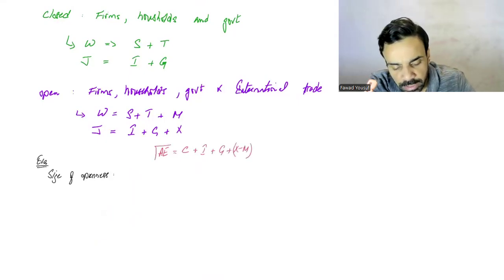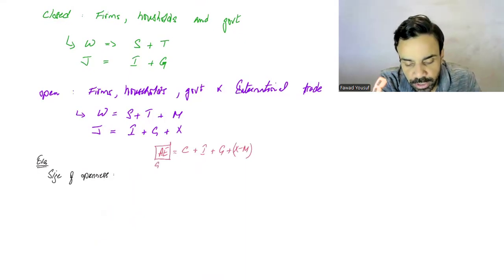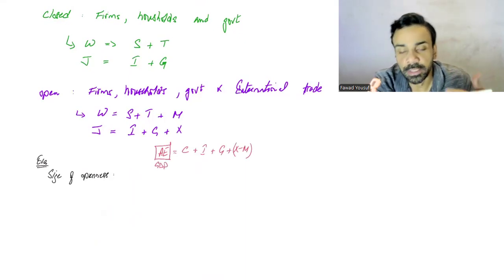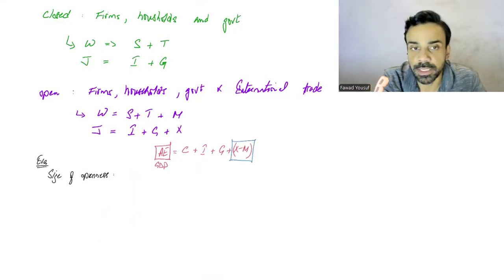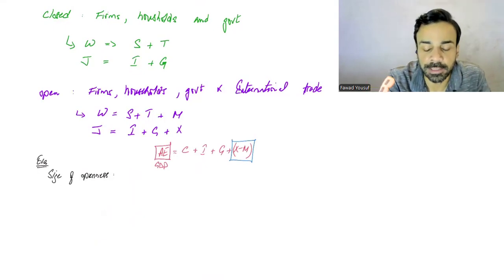So in this entire aggregate demand or aggregate expenditure, which is basically our GDP, the more open the economy is, the greater this number becomes, right? X minus M का number becomes bigger.